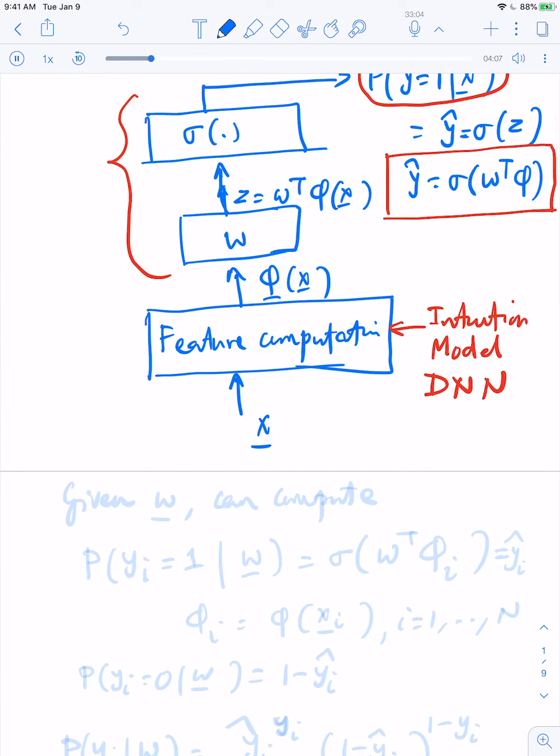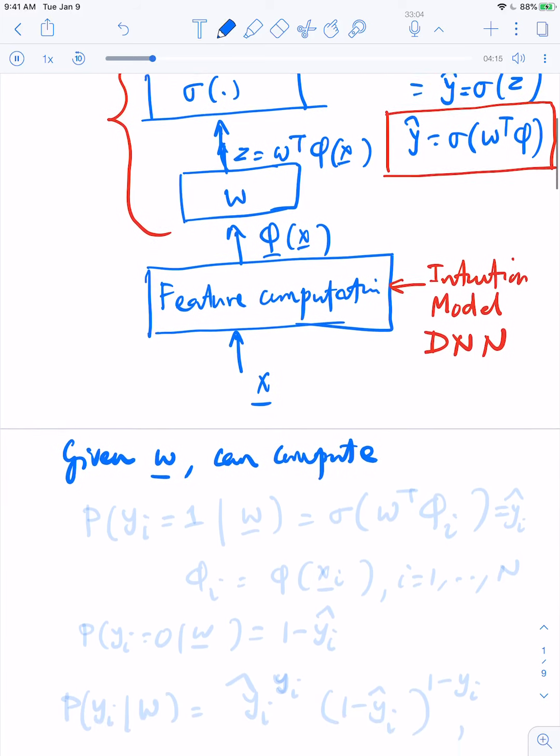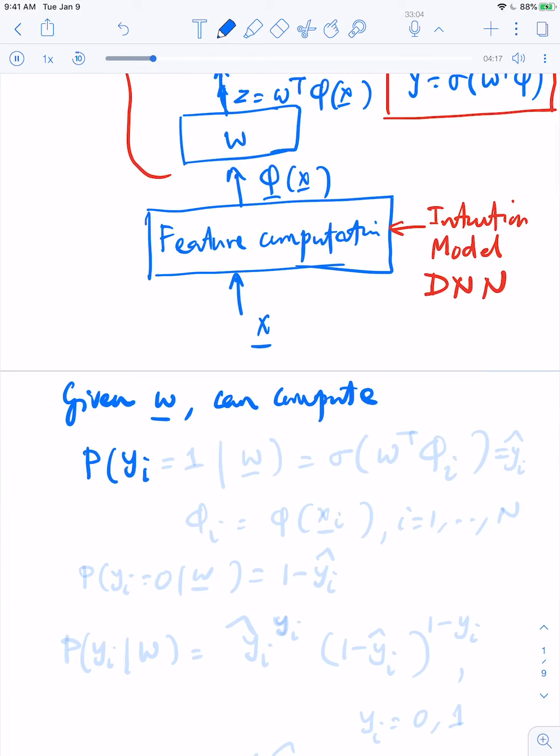Given W, we can compute the probability of yi equals 1, the ith label being equal to 1, given W, is the logistic function operating on the ith feature vector, where I'm going to now use this abbreviation that phi i is the feature vector for the ith data point, i equals 1 to n.